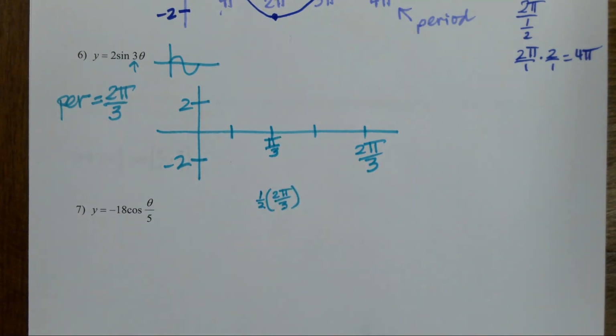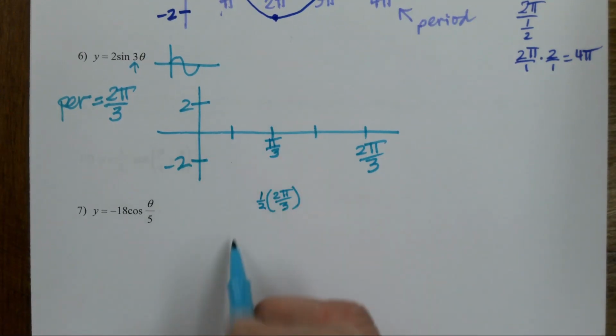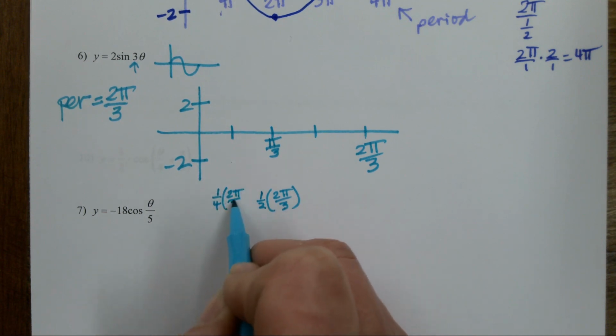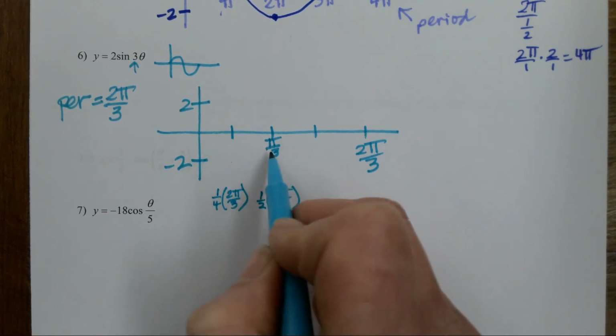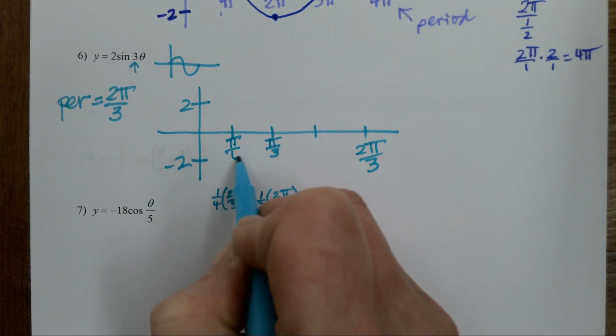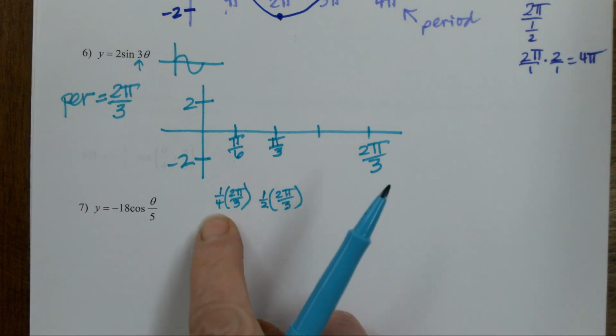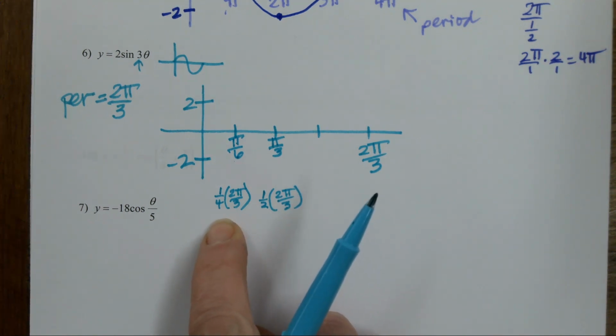Which hopefully makes sense. Half of 2 pi over 3 is 1 pi over 3, right? And then half of that would be 1/4 times 2 pi over 3. Or again, I just cut that in half, meaning I double the denominator. But mathematically, you can just plug this in your calculator if you need to. It's going to get you the same answer.